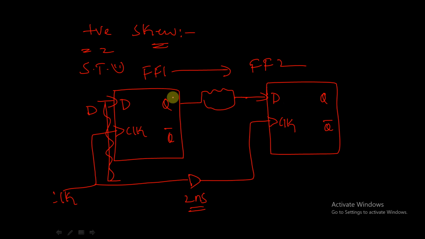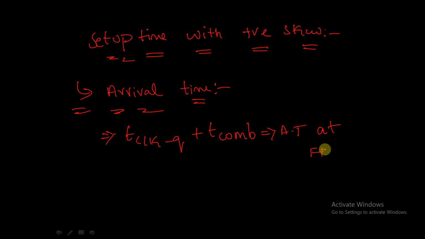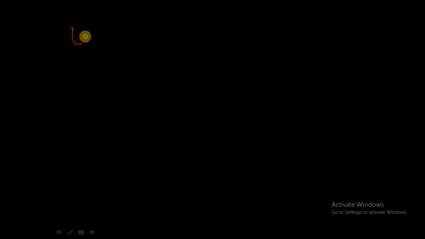So the arrival time is the same. It is nothing but t clock to q plus t combinational, right? So this is the arrival time at flip flop 2. The data reaches flip flop 2 after the time interval t clock to q plus t combinational. What is the required time?